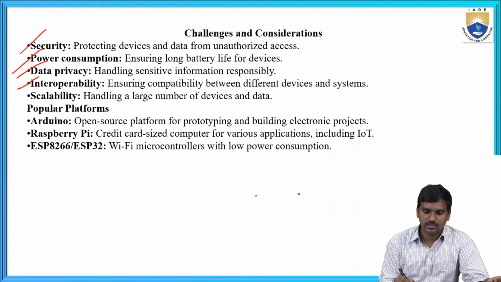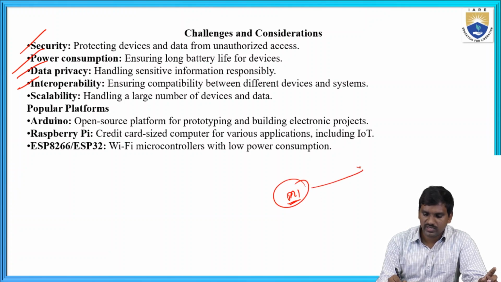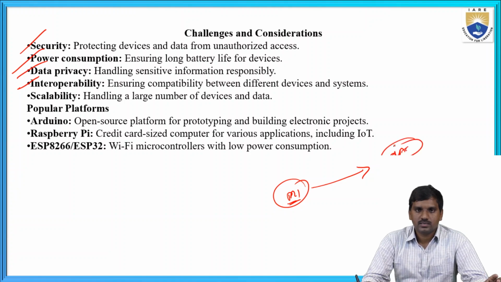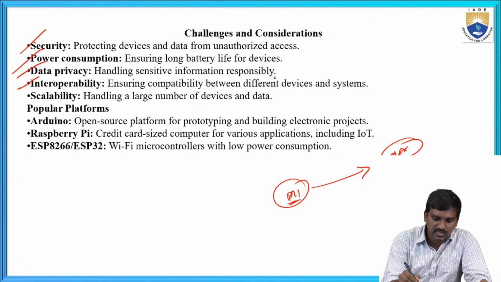Interoperability is nothing but, for example, in this room, some other company's AC is available, and we have an MI remote. With this MI remote, we can operate the other company's AC. So the companies are two different, and that is possible only with interoperability communication.